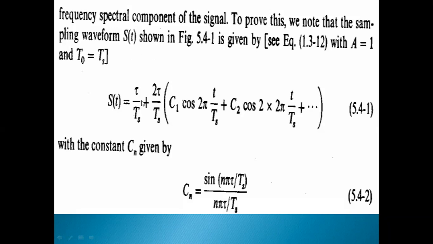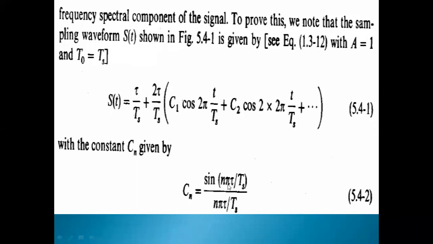So now S of t is equal to tau by Ts plus 2 tau by Ts, C1 into cos 2 pi t by Ts, plus C2 into cos 2 into 2 pi t by Ts, plus C3 into cos 3 into 2 pi t by Ts, likewise, where Cn is a constant given as a sinc signal, sin x by x.